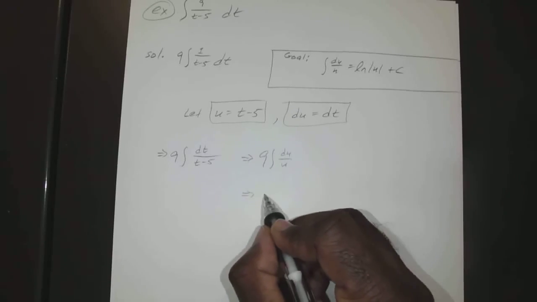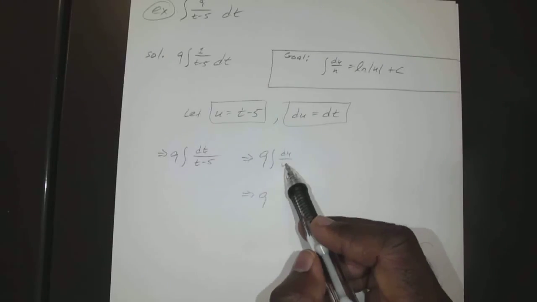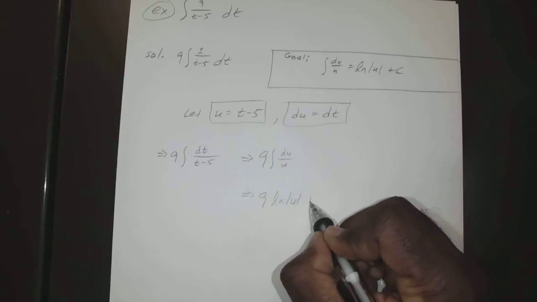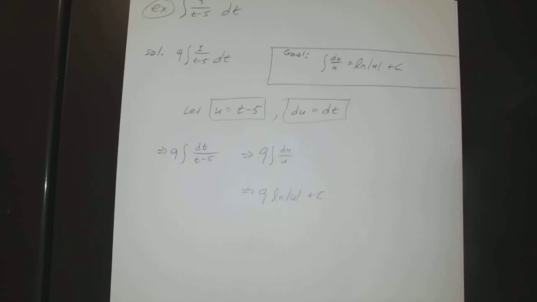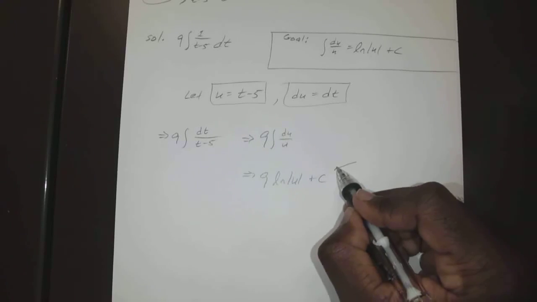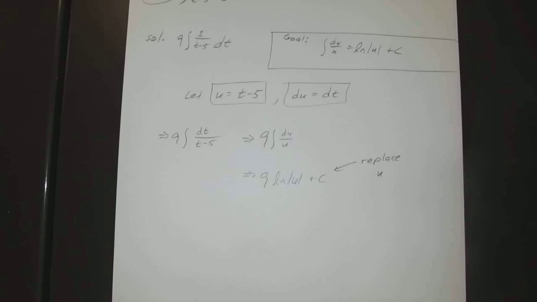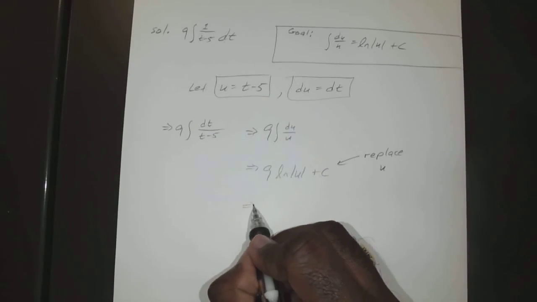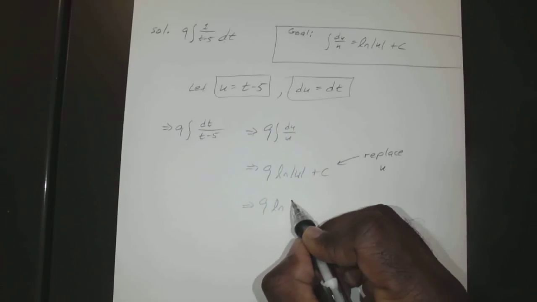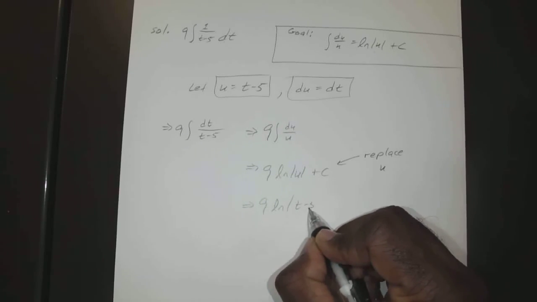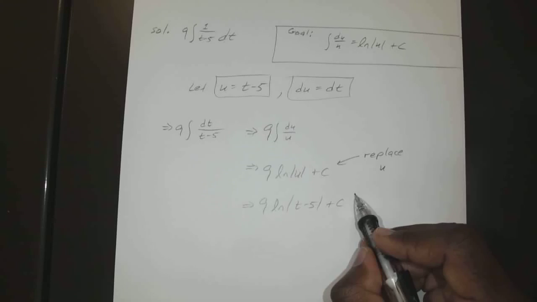Okay, so that's going to be 9 times the integral of du over u, which is natural log of absolute value of u plus c. All we have to do now is replace our u. So you have 9 times the natural log of the absolute value of t minus 5 plus c.